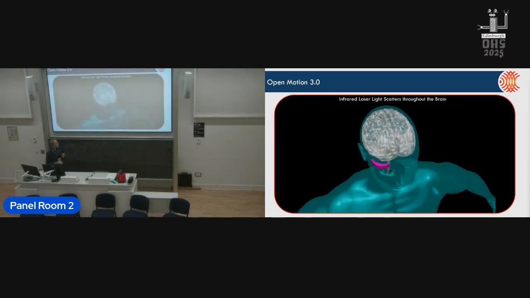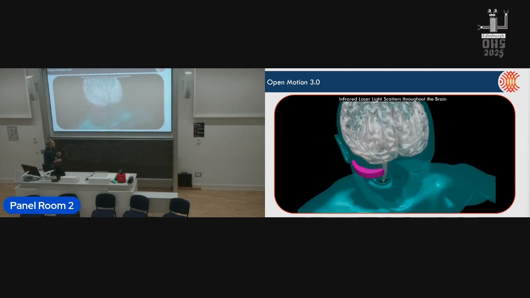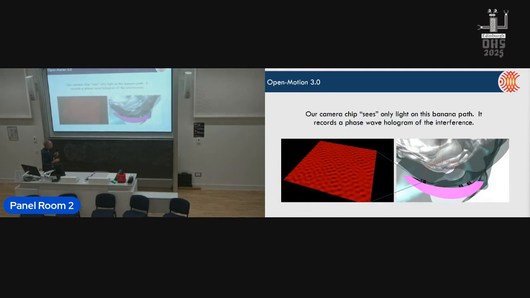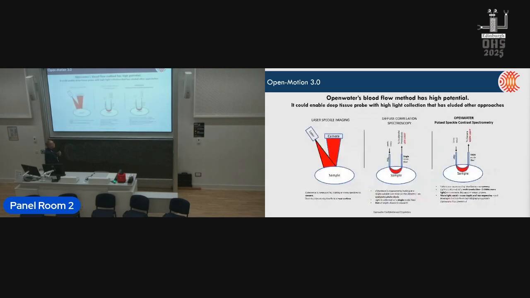Basically, the laser enters the brain, goes through the skull, and then the light spreads through the tissues. Then we measure that on the CMOS camera so you can see the scattering. And as the red blood cells flow through, that causes even more disruption. It's a very simple device, which hopefully has multiple applications.